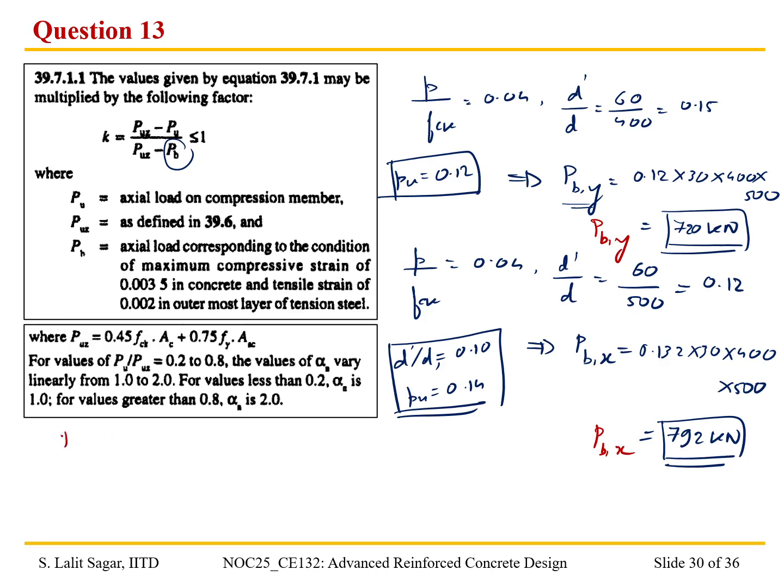Okay, so PUZ is equal to 0.45 FCK into AG plus 0.75 FY minus 0.45 FCK into ASC, which gives me a value of 3448 kilonewton.